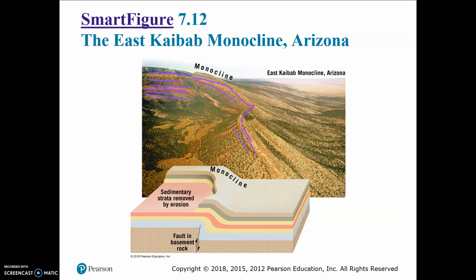We can still see these layers that are symmetrical to one another. But in this little area right here, some of the strata have been removed, and we've got a fault that has occurred. So we've got this upwelling here, and we get this bending. Still considered horizontal layers, but we call this a monocline because we end up getting a fault, and so these are kind of pushed apart. And sometimes these are a little harder to see due to erosion that has occurred.